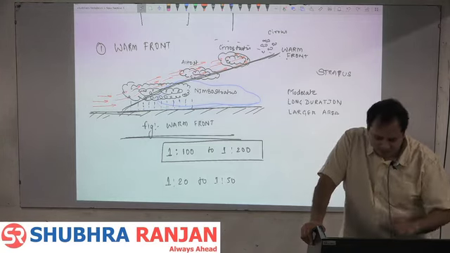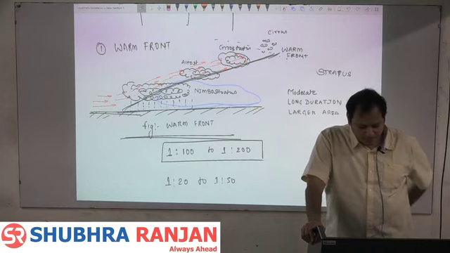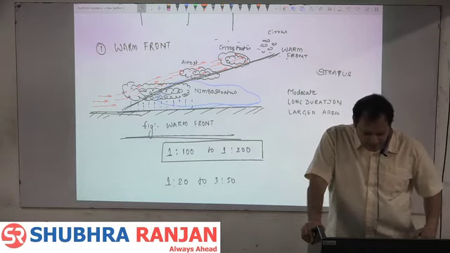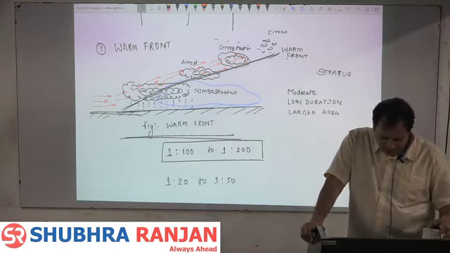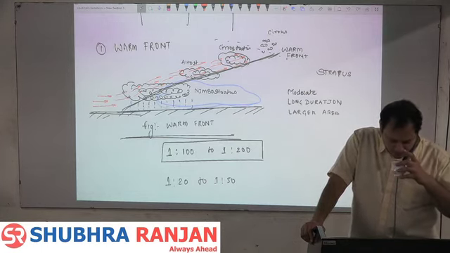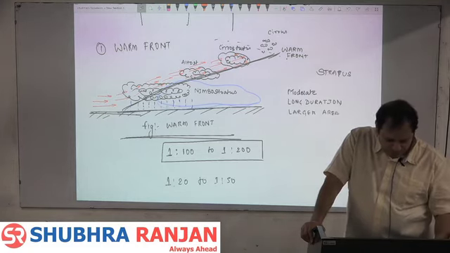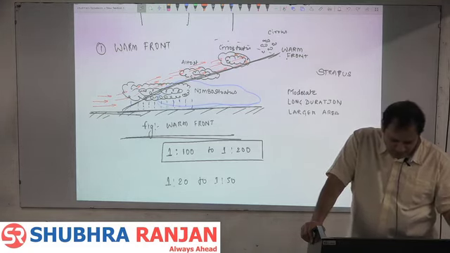So first, there is a gradual change in the temperature and wind direction.